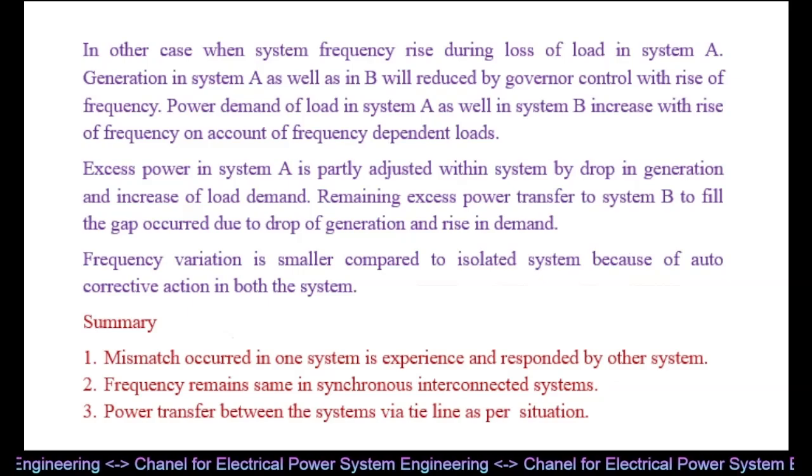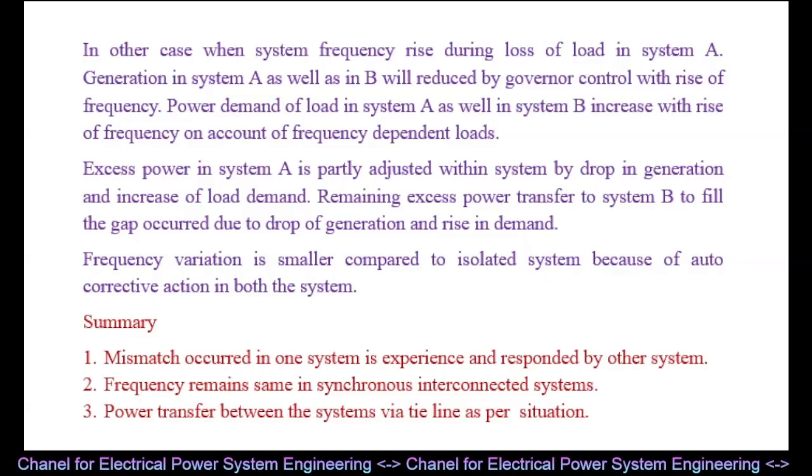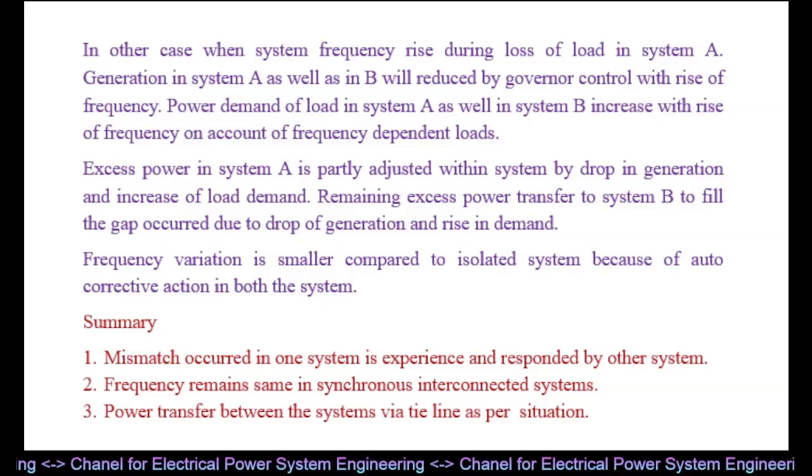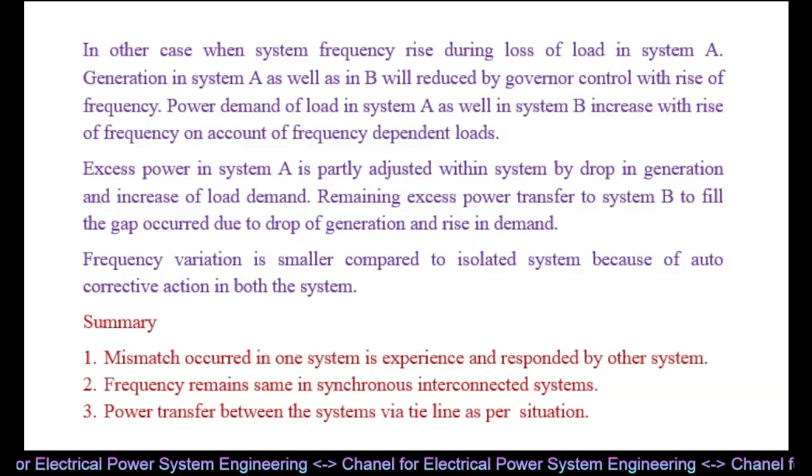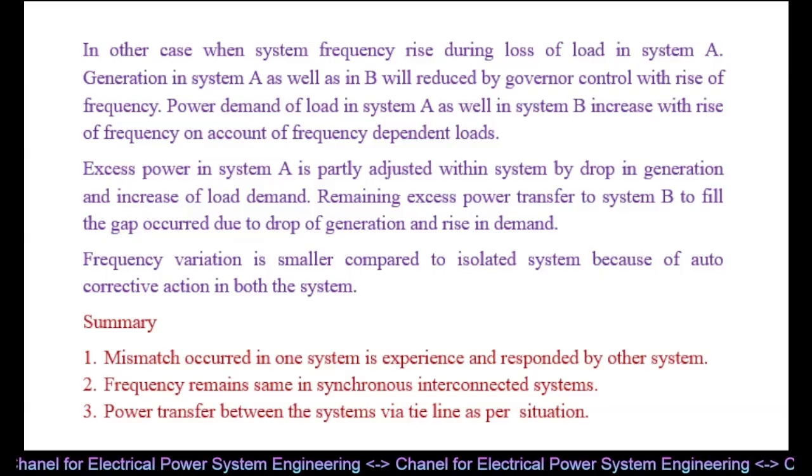In the other case, when system frequency rises during loss of load in system A, generation in system A as well as in B will be reduced by governor control with the rise of frequency. Power demand of load in system A as well as in system B increases with the rise of frequency on account of frequency-dependent loads.